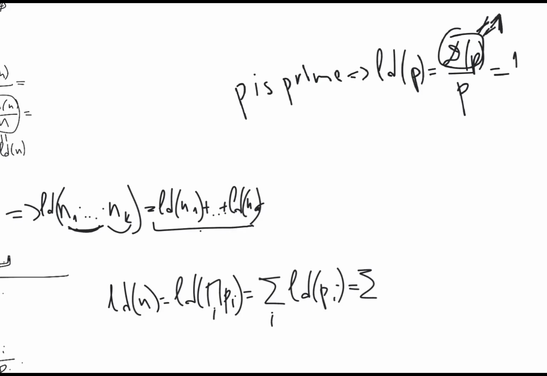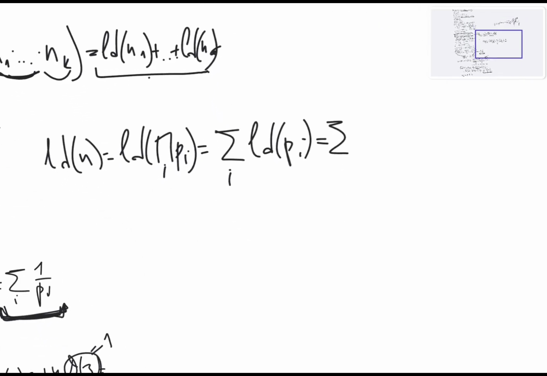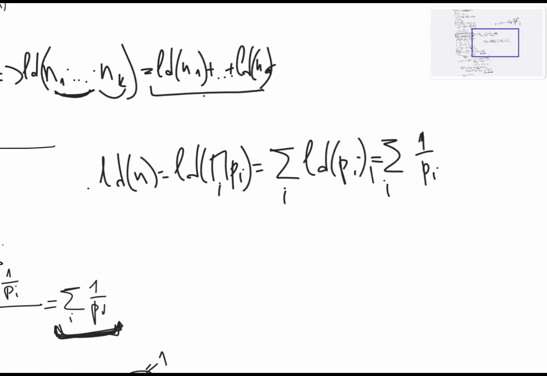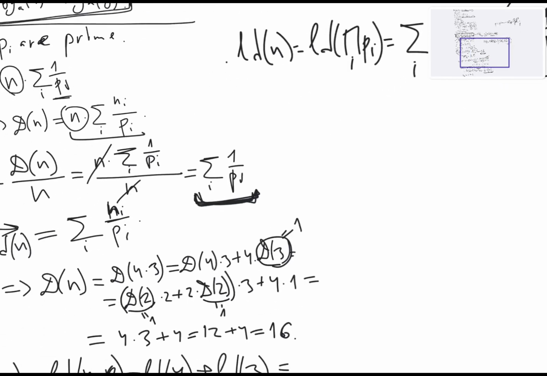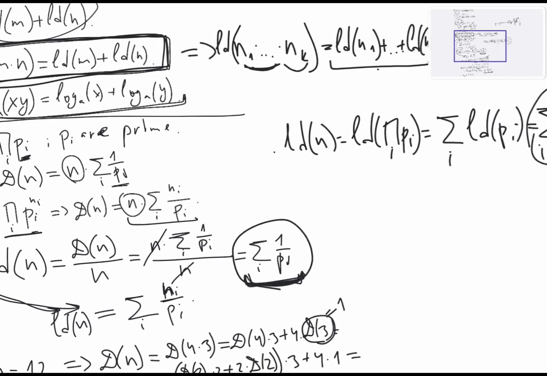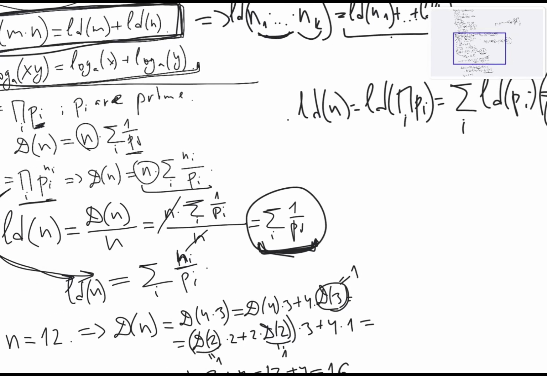So this is equal to 1 over p, so this is equal to 1 over pi. And this is exactly this formula. So it is easy to prove even without using the formula for the full derivative.